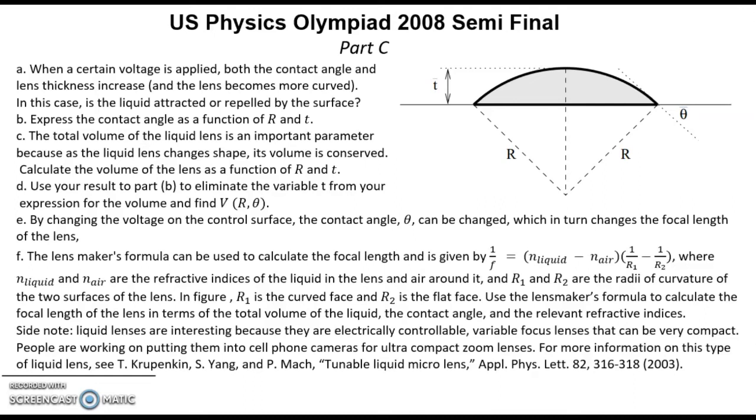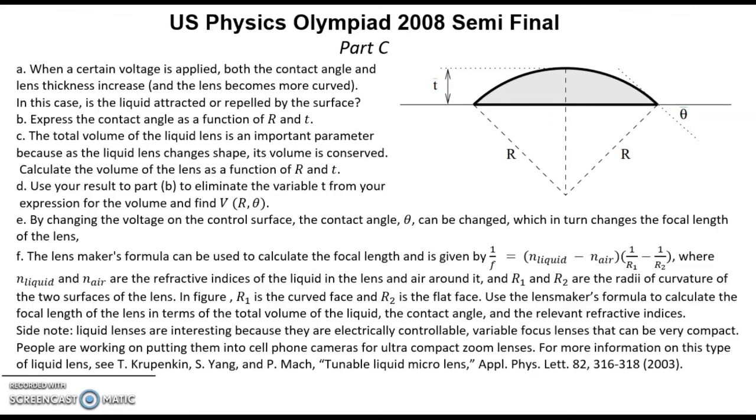F. The lens maker's formula can be used to calculate the focal length and is given by formula 1 over F equal N liquid minus N air multiplied by 1 over R1 minus 1 over R2, where N liquid and N air are the refractive indices of the liquid in the lens and the air around it, and the R1 and R2 are the radii of curvature of the two surfaces of the lenses.